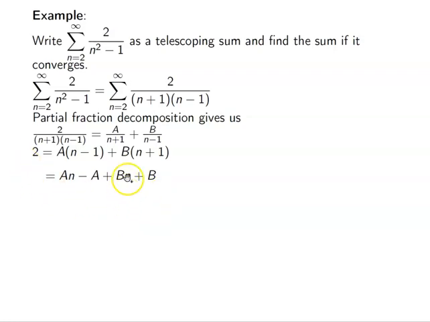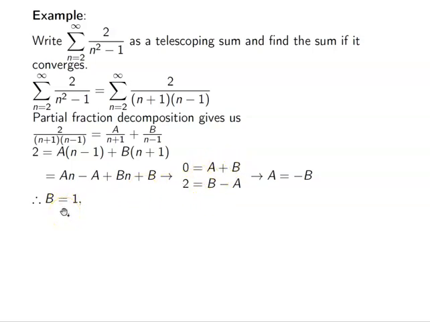So my constants have to equal and my n terms have to equal. So I get A plus B equals 0 from the n terms, and B minus A is 2 from the others. So from here, it's a system of two equations with two unknowns. I can solve it. So I have A equals negative B, which you can see straight away.